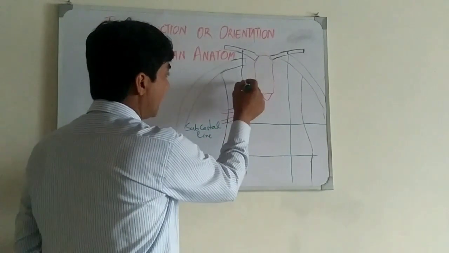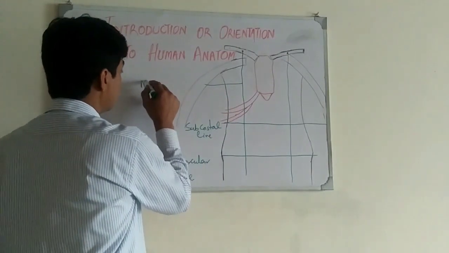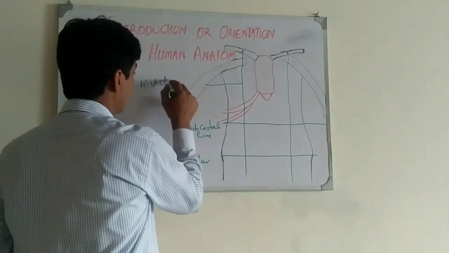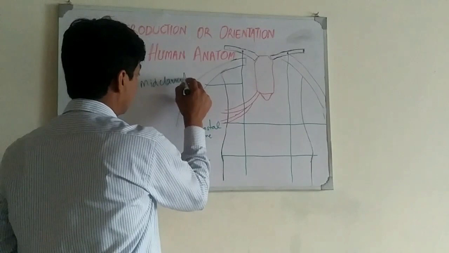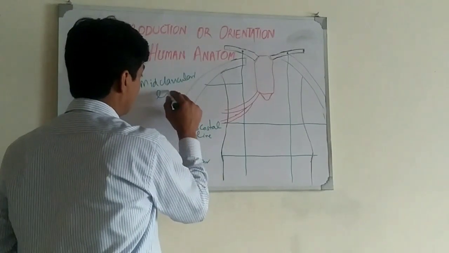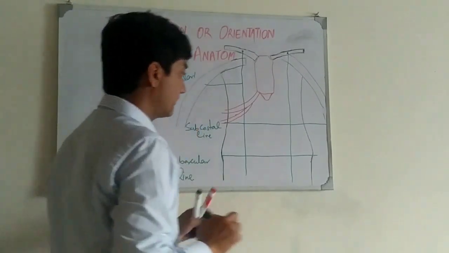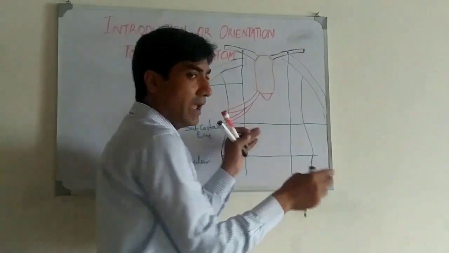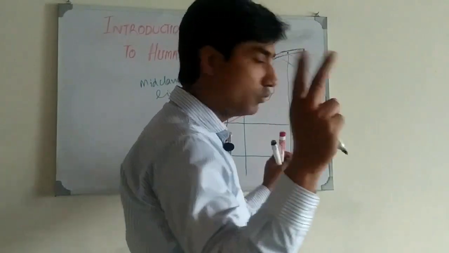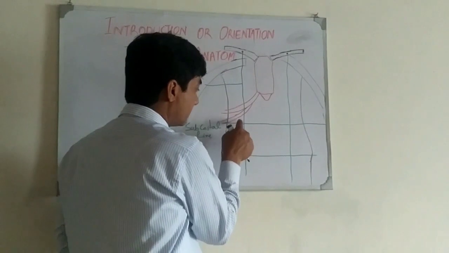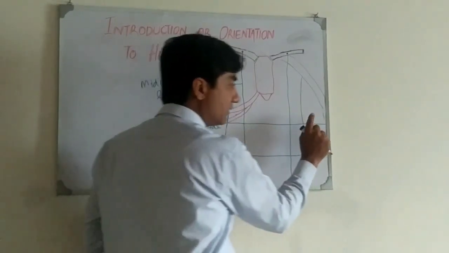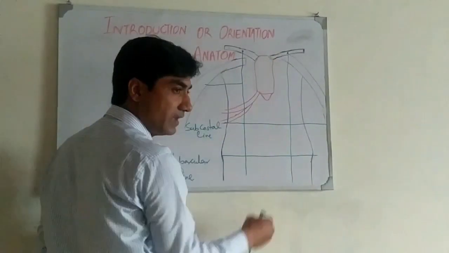And this is called the mid clavicular line. So four lines are crossing and dividing the abdomen into 9 regions. This is the right side, this is the left side, and this is the central side.